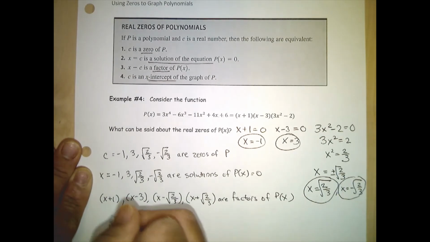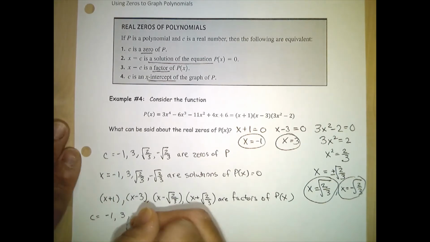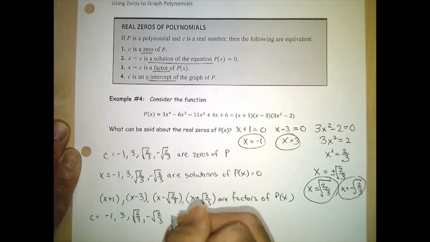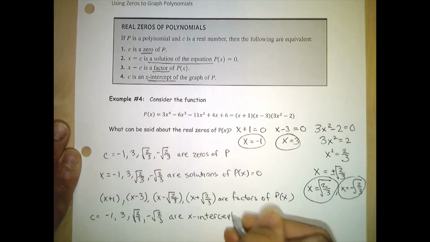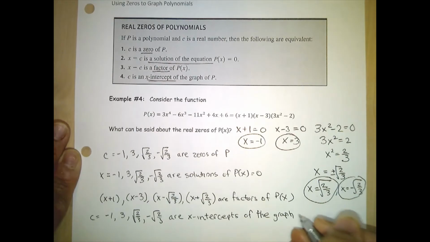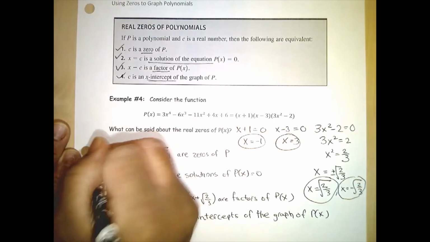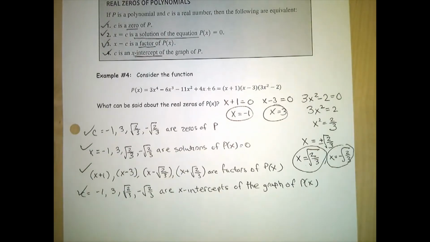And we can say C equals negative 1, 3, root 2 over 3, and negative root 2 over 3 are x-intercepts of the graph of P of x. So all 4 of these things hold true for this function P of x.